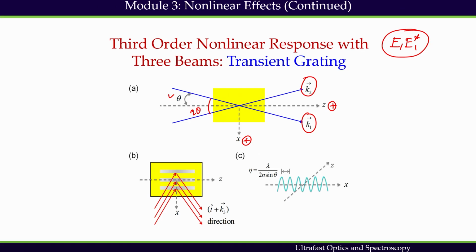Then one can write down that K1, this wave vector, equals K1 magnitude cos theta k cap, where k cap is the unit vector along the z direction, plus K1 magnitude sin theta i, where i is the unit vector along the x axis.